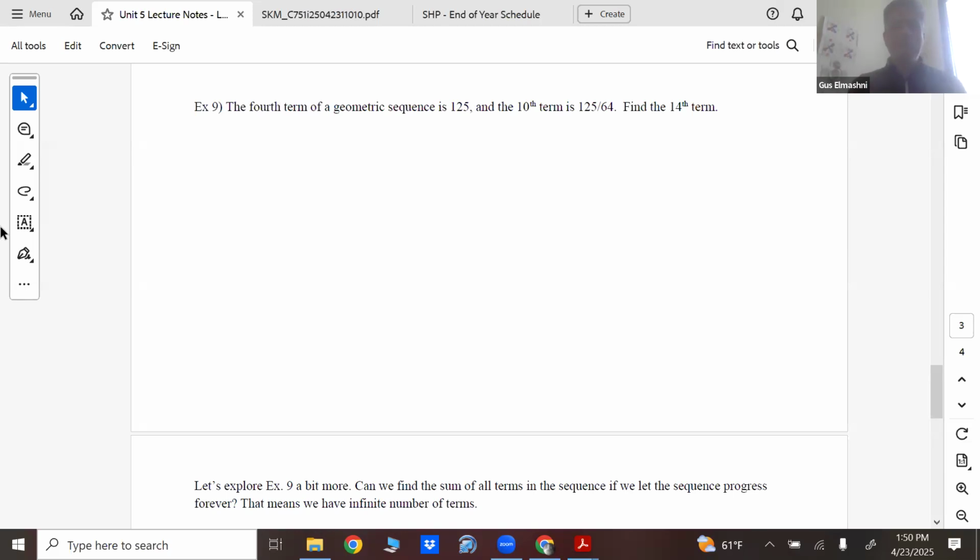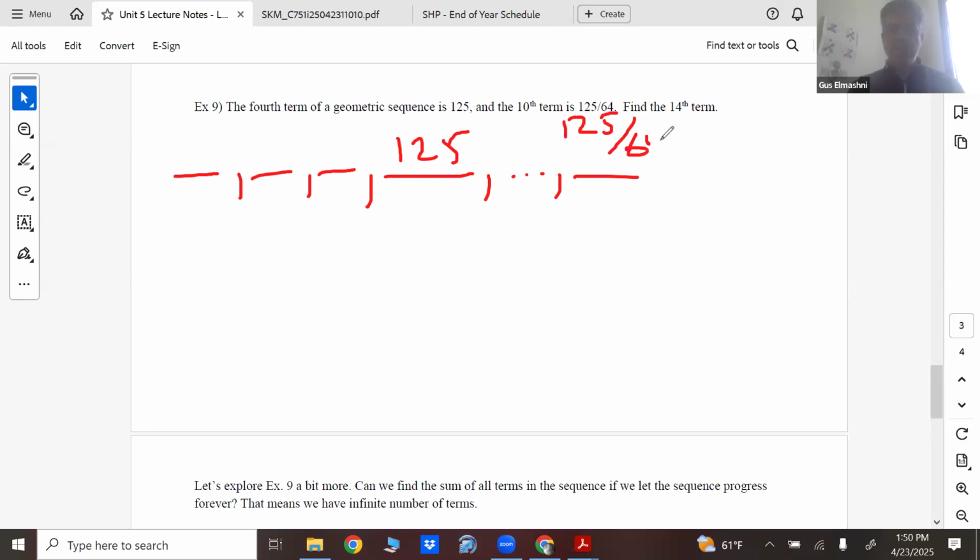Yeah. Okay, example 9. Fourth term of a geometric sequence is 125. Okay, so 1, 2, 3, 4, dot, dot, dot. I don't feel like writing a whole bunch of these. Then dot, dot, dot.